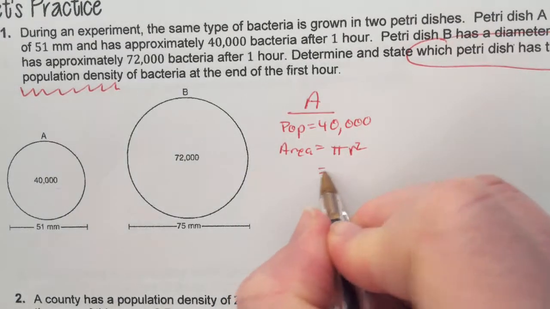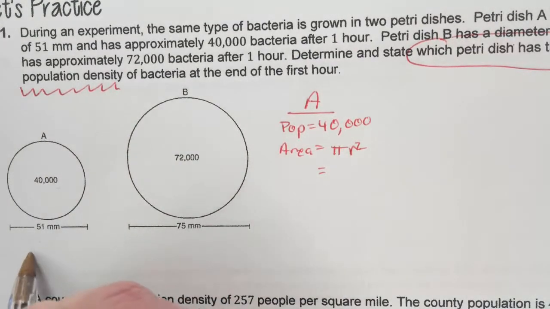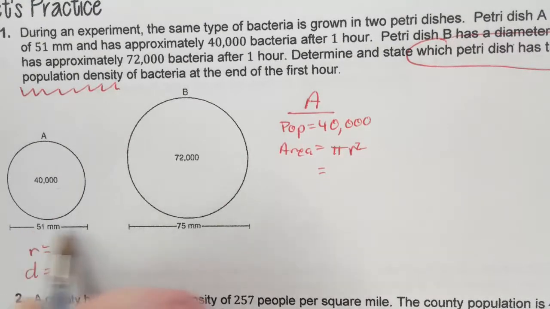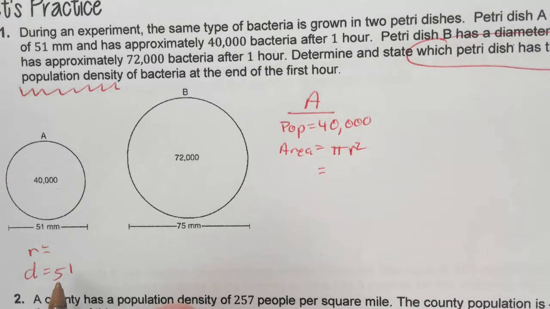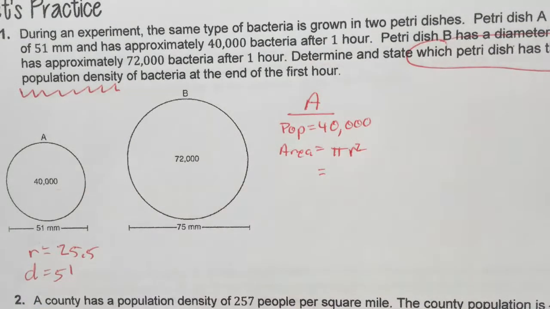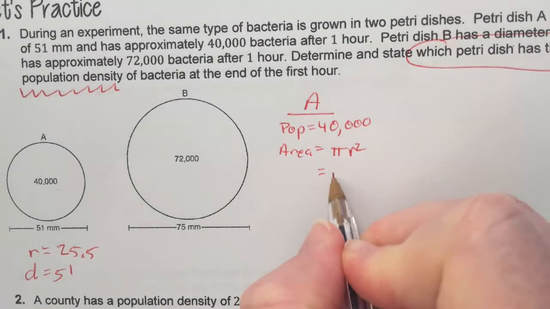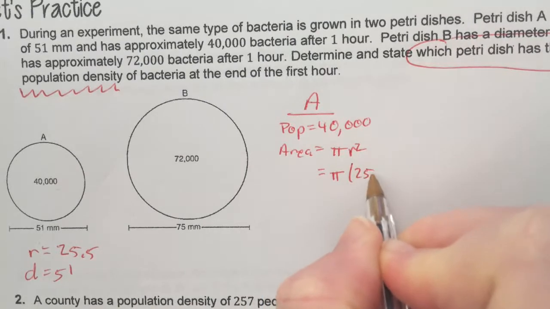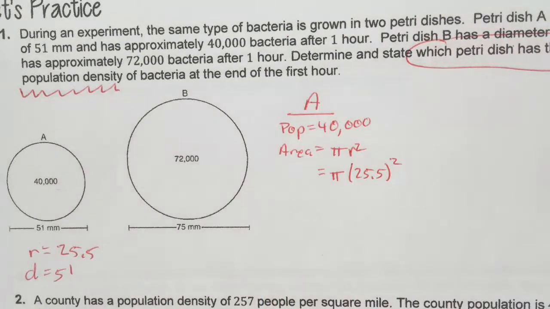We know the diameter is 51. So if the diameter is 51, then the radius, dividing by 2, would be 25.5. So that would be pi times 25.5 squared.